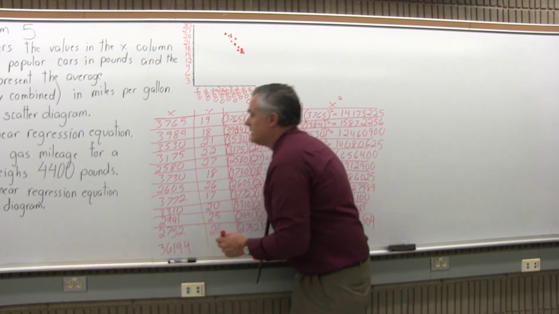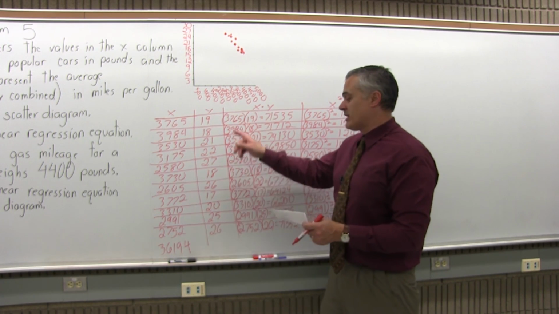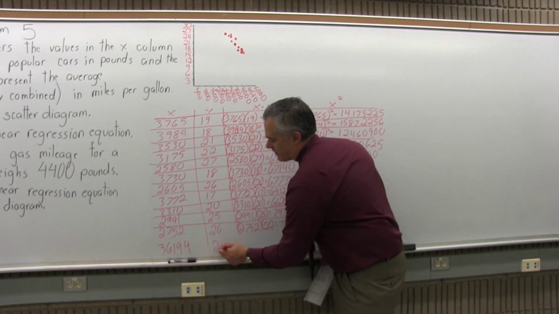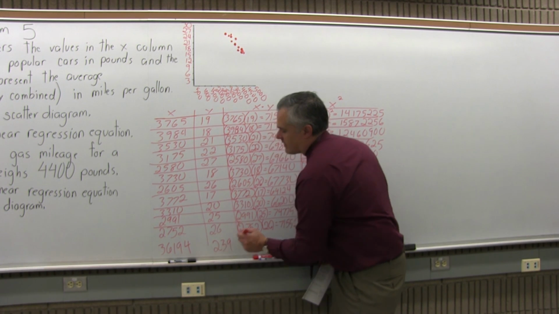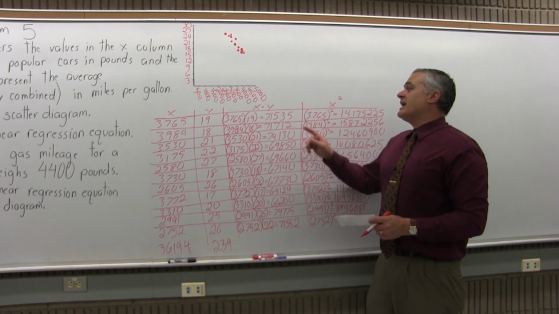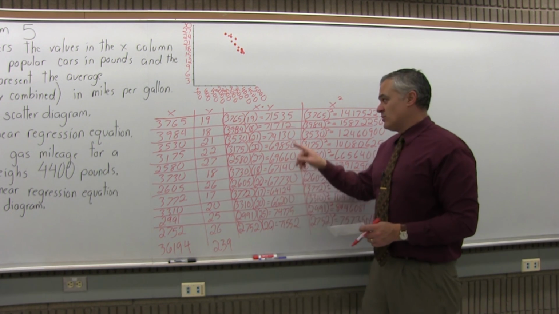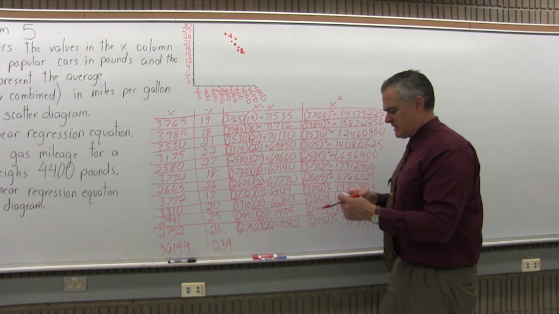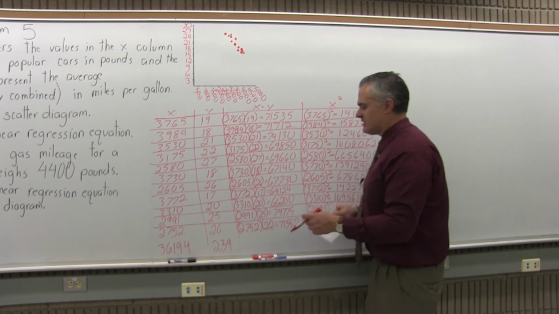Get a total for the Y column, add up all the gas mileages. The Y column, the total is 239. Then X times Y, if you add all these big numbers, 70,000 something for most of them, it comes up to 768,408.